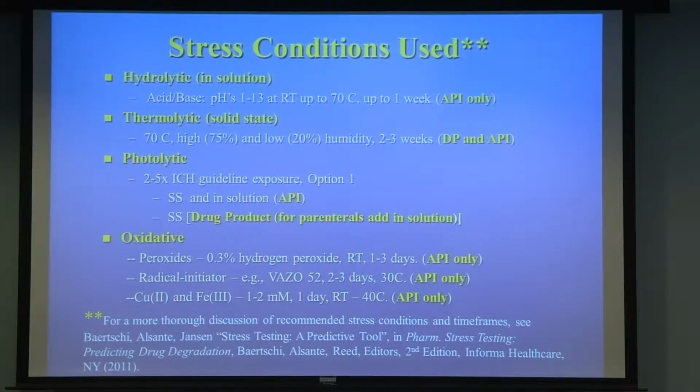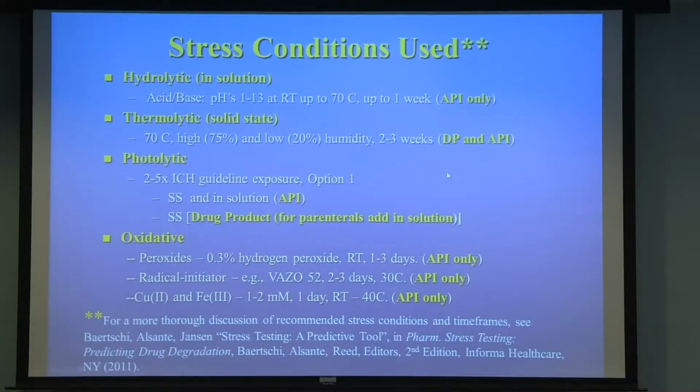Sometimes we would do it in increments of two pH units to give us more data, but at a minimum 1, 7, and 13, up to 70 degrees C for up to 1 week. That's about as long as our experience would say you need to go. For the solid state, I advise 70 degrees C and 75% relative humidity, so you get a high and low humidity, and 2 or 3 weeks. 3 weeks is probably as long as you need to go, for both the drug product and the API.